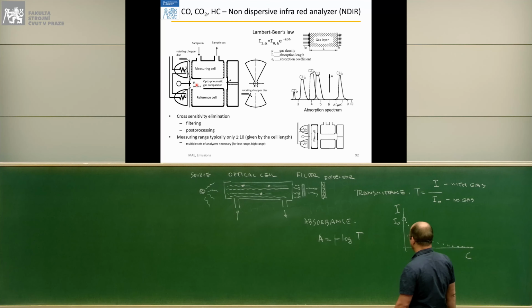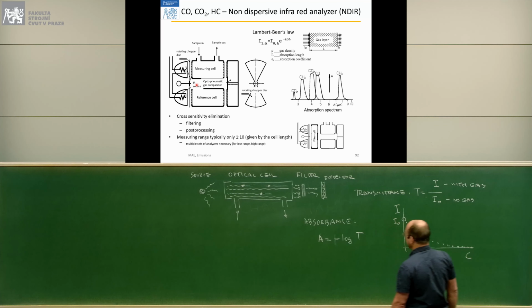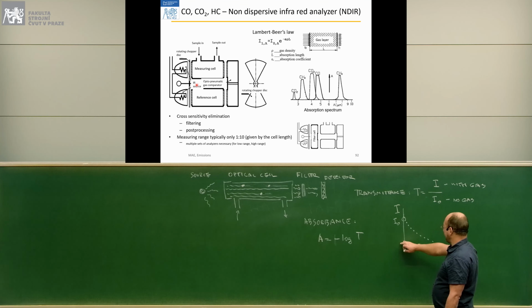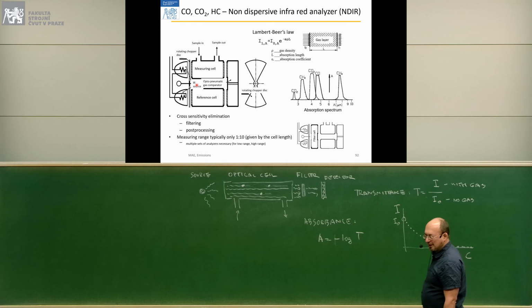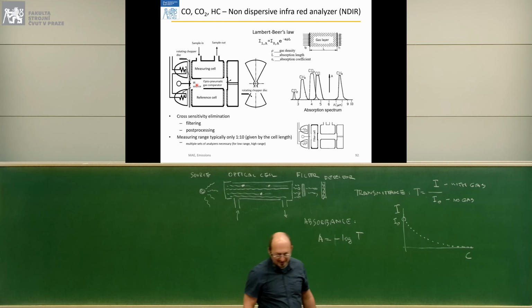That means if nothing is absorbed, if transmittance is 100%, that means 1, then the absorbance is 0. If 90% is absorbed, then absorbance is 1. If 99% is absorbed, then the absorbance is 2.